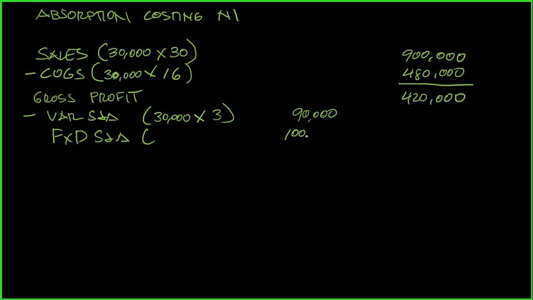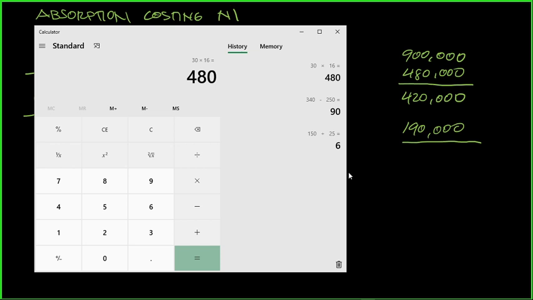Okay, 90 plus 100,000, you will now have 190,000 pesos. So 420 minus 190 equals 230.